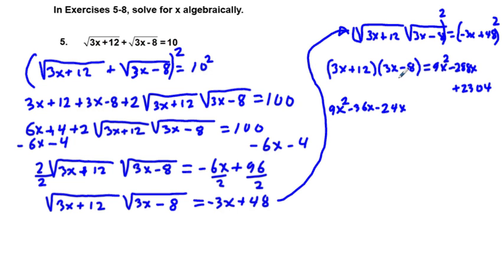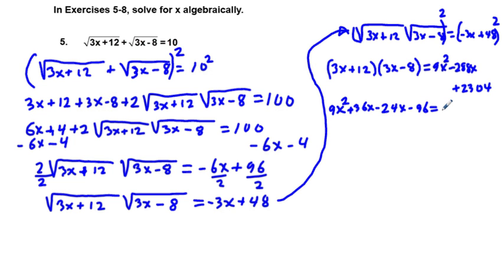And then 12 times 3, that's going to be plus 36x. That's right, minus 24x. And that's going to be minus 8 times 12. And 8 times 12 is going to be minus 96.